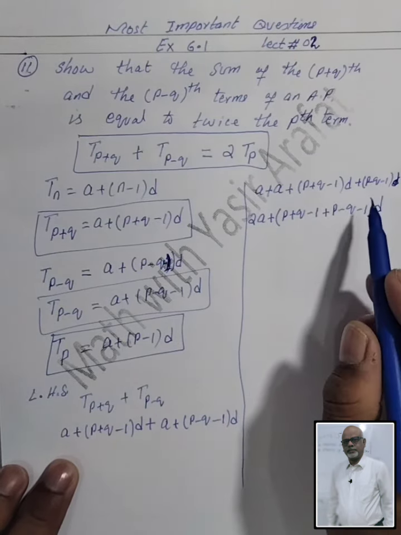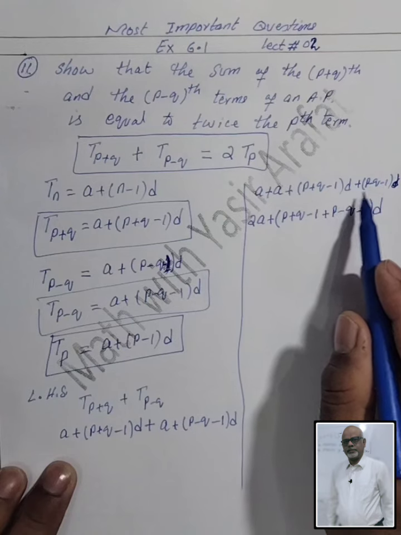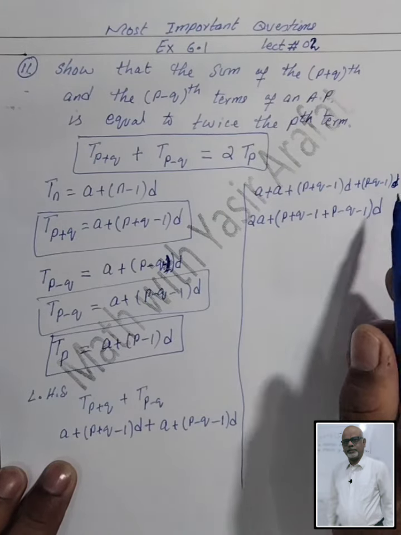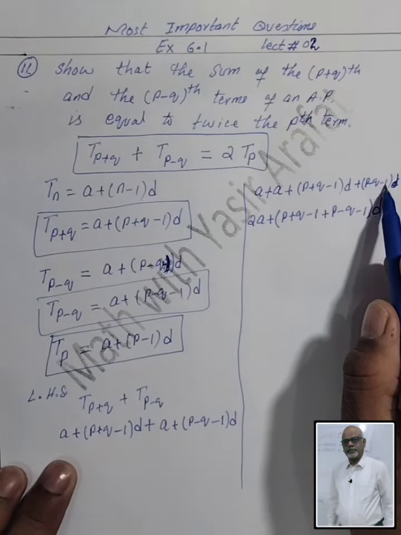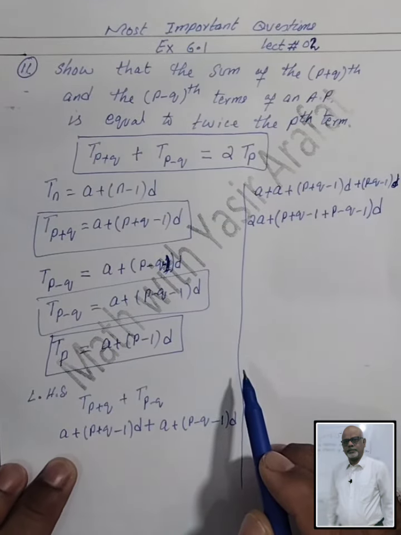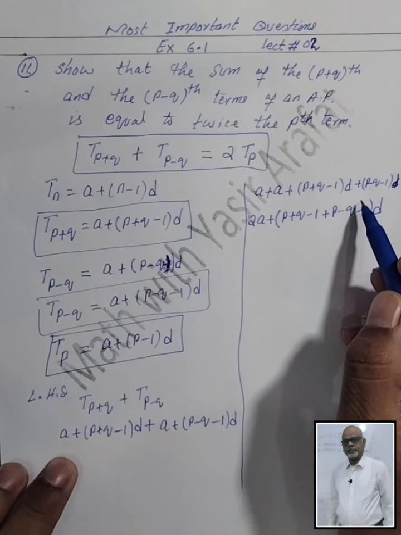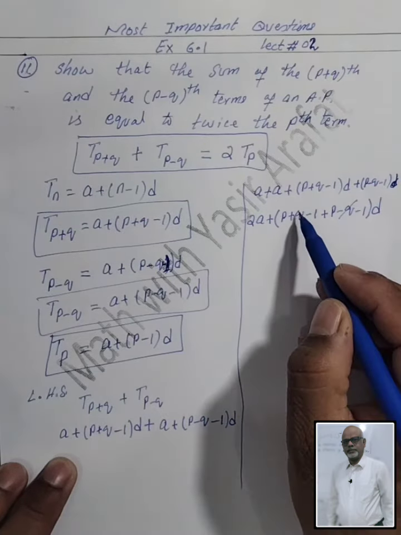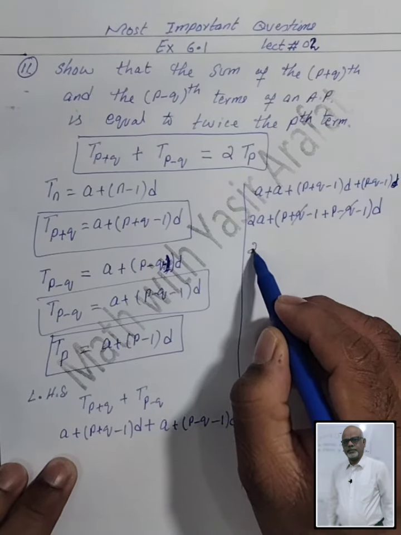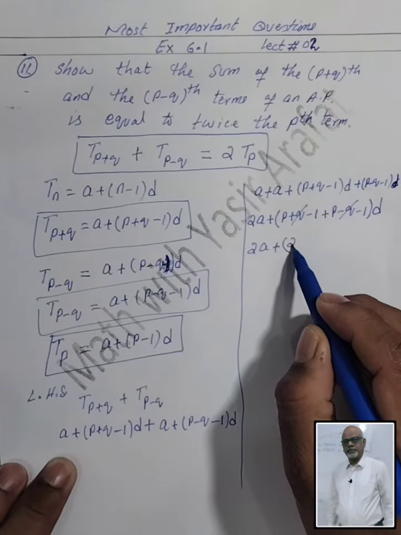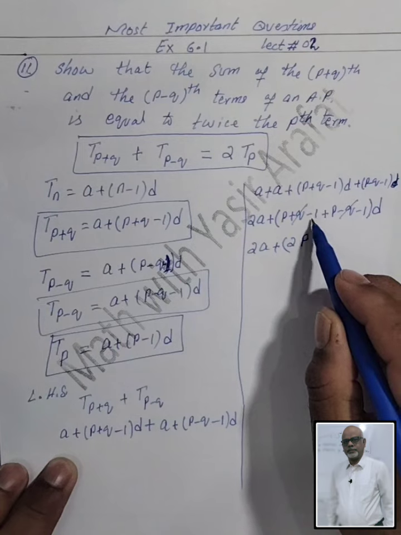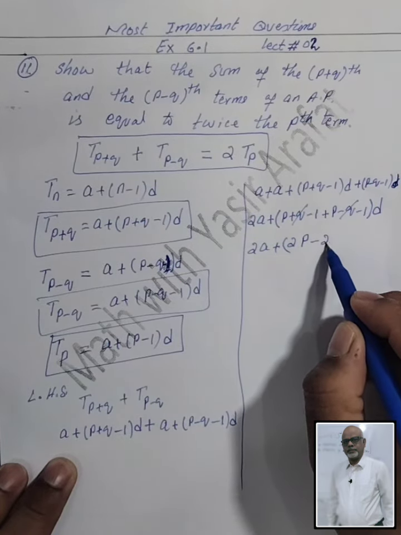This d we take out common. So this q will cancel out. So this is 2a plus 1p plus 1p, it will be 2p, and minus 1 minus 1, it is minus 2.